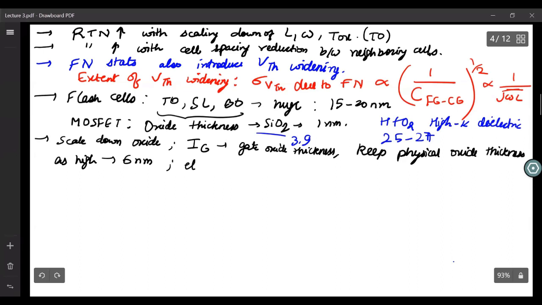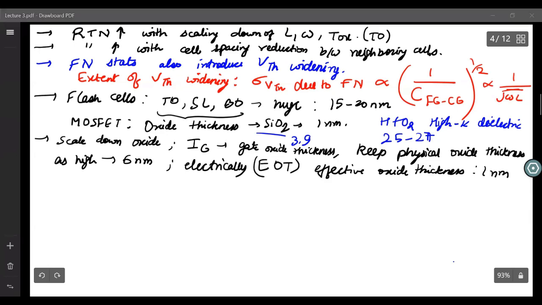However, the electrical behavior, which is measured by effective oxide thickness, EOT, remains close to 1 nanometer.